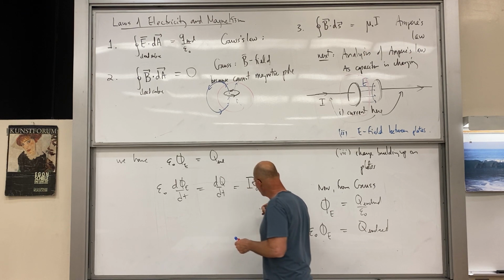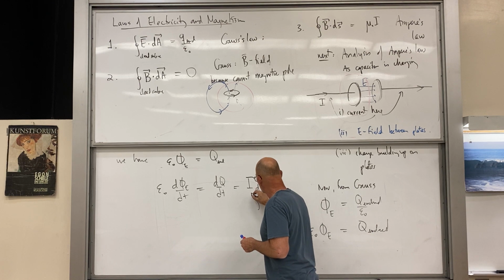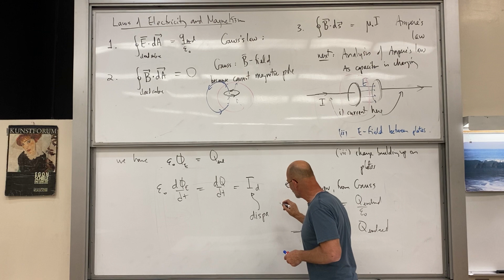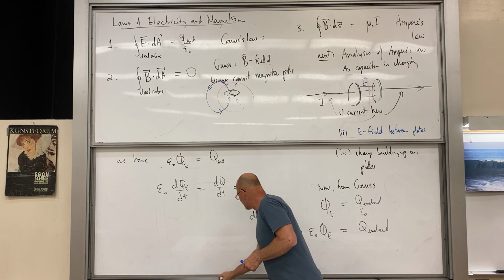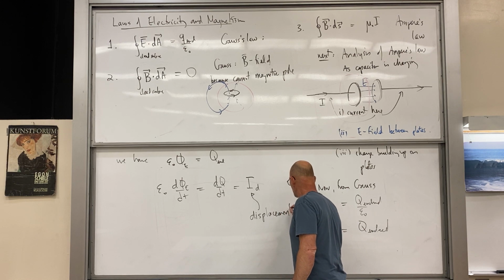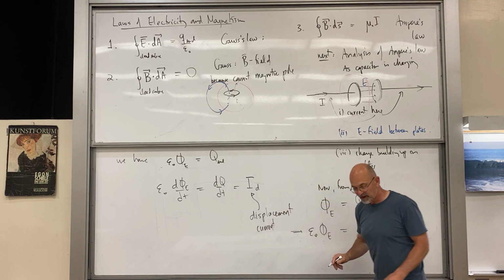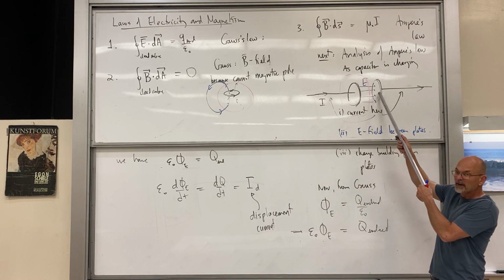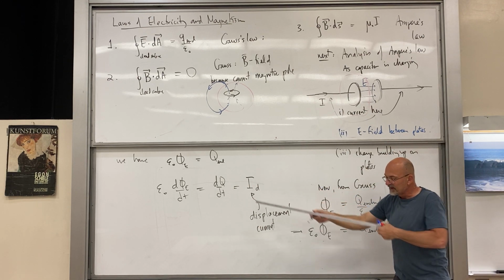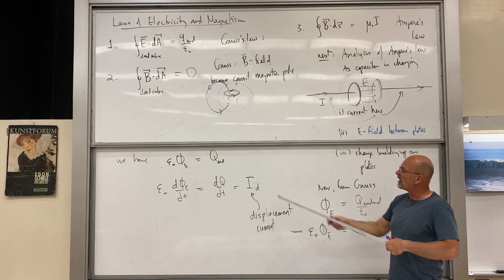I sub d, this is referred to as the displacement current. This was introduced by Maxwell, displacement. It could be across a vacuum, right? But its definition is given on the left side of the equation, and this is added to Ampere's law.